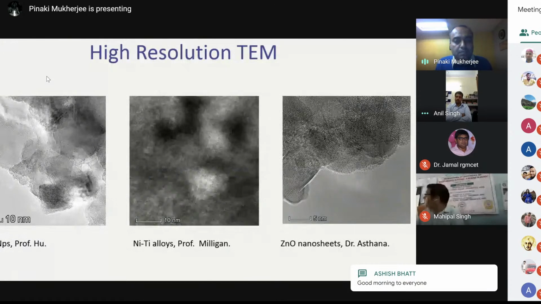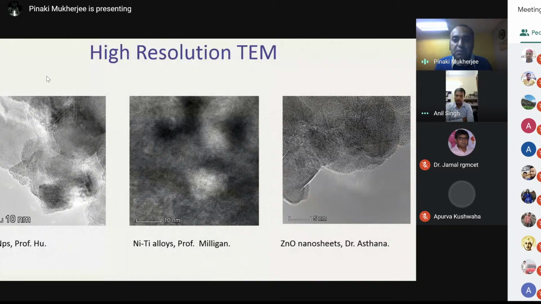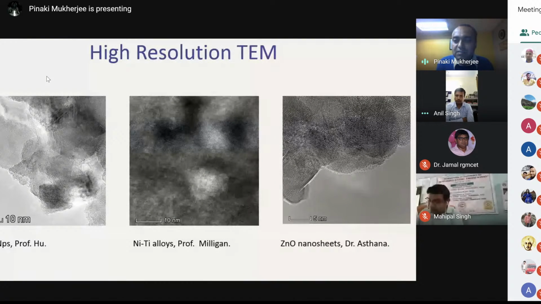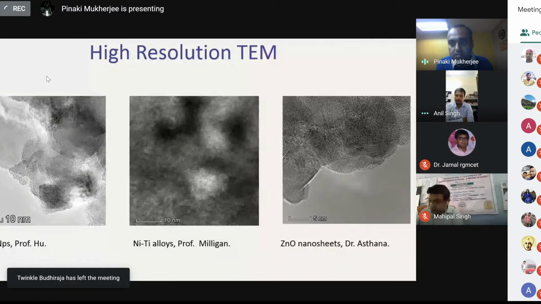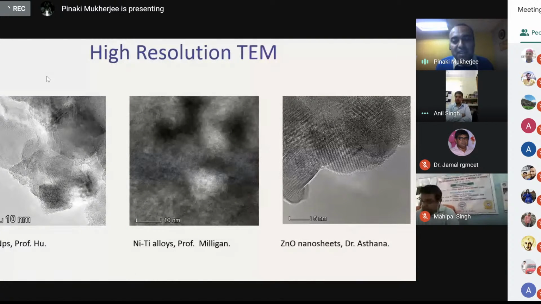All right, so here are some examples of high resolution TEM images. Maybe some or all of you have seen these kinds of images. Here we definitely get useful crystallographic, crystal structure information, but these techniques are almost 30 to 40 years old now.